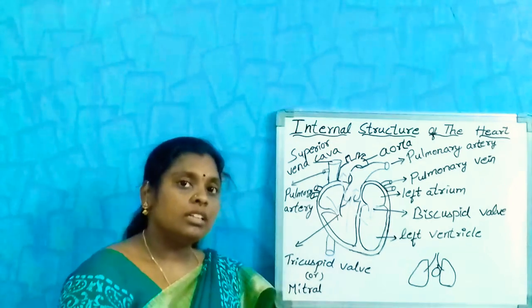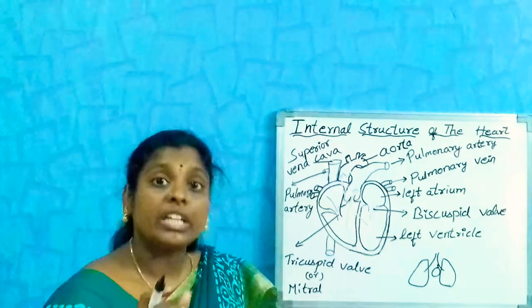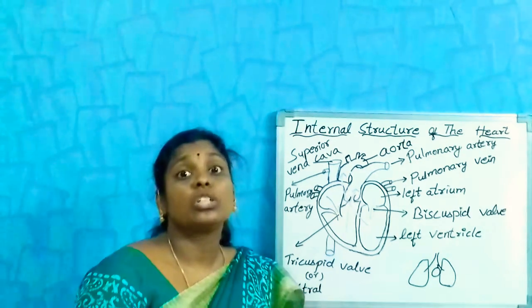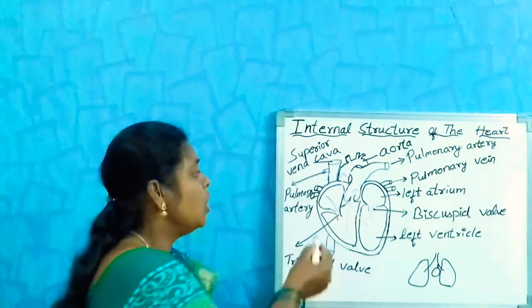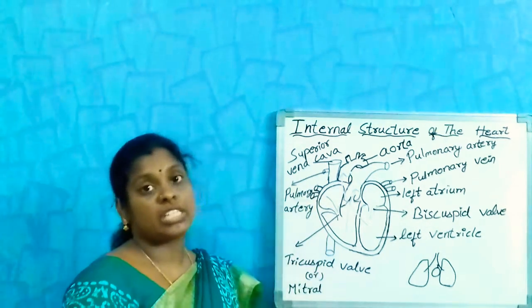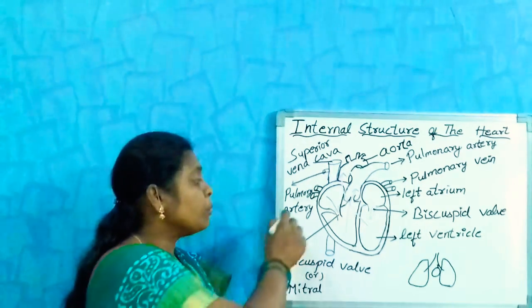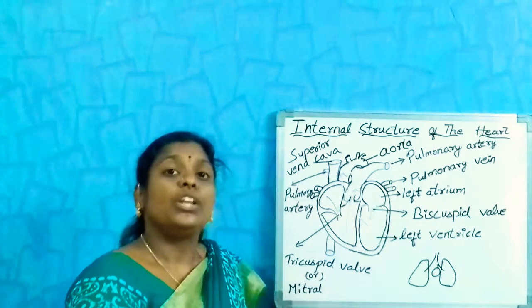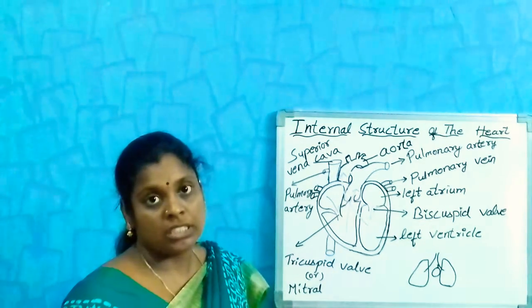But the pulmonary artery carries deoxygenated blood from heart to lungs, whereas all the remaining arteries carry oxygenated blood. Only the pulmonary artery carries deoxygenated blood from heart to lungs.